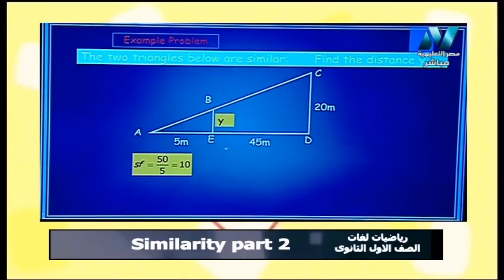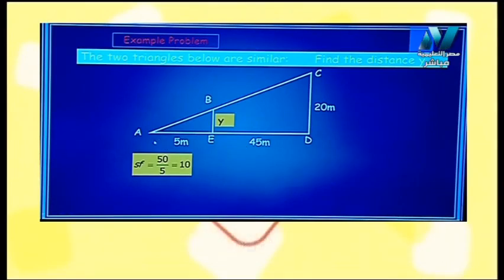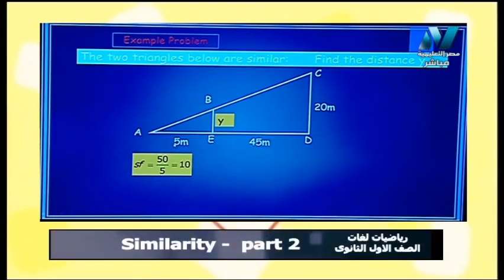The scale factor here equals 50 over 5, which is 10, because AE is proportional to the whole side AD, and AD equals 50, the sum of 5 and 45. Then 20 divided by 10 equals 2 meters.